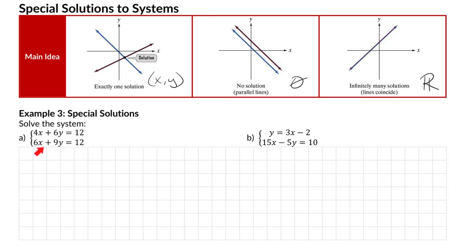Since this system already has the x's lined up, y's lined up, and regular numbers lined up, and there's no particular letter, x or y, in either of the two equations that is easy to solve for, meaning no coefficient, we're going to want to use elimination or addition to solve this system.